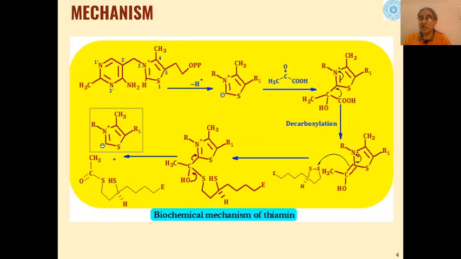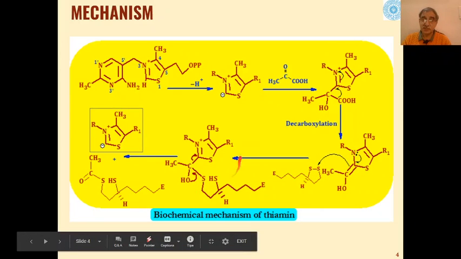Then this will act as a nucleophile, and this will attack this sulfur-sulfur bond, and breaking of the sulfur-sulfur bond will open this ring, and we will get this type of intermediate.